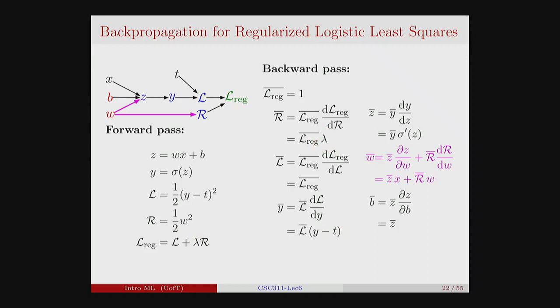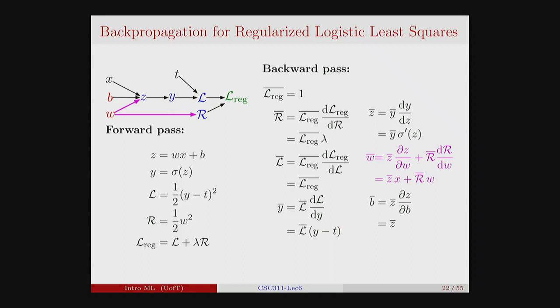Now that we have L bar and R bar, we're in business, so we just keep running this operation backwards. We can use L bar in order to get what Y bar should look like. Y bar is just L bar times the derivative of how L behaves as a function of Y, just this local gradient.